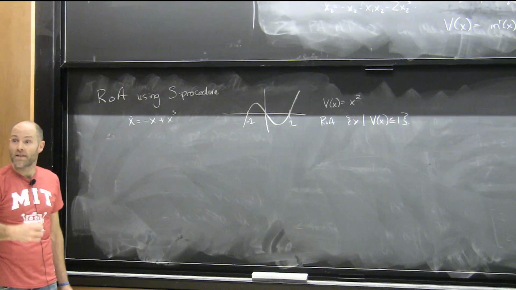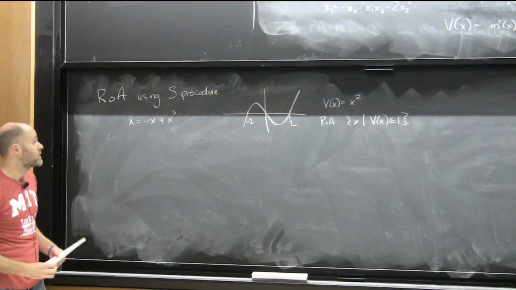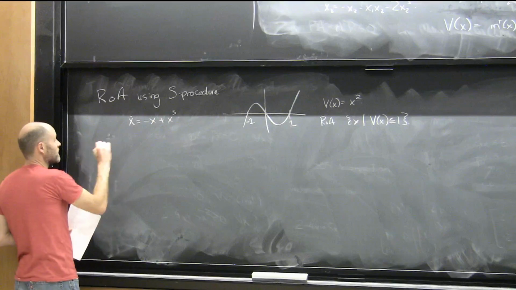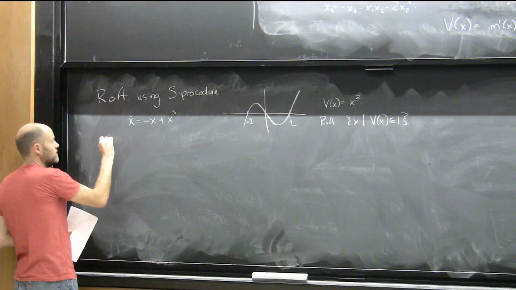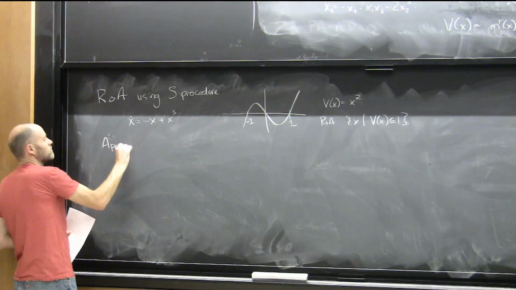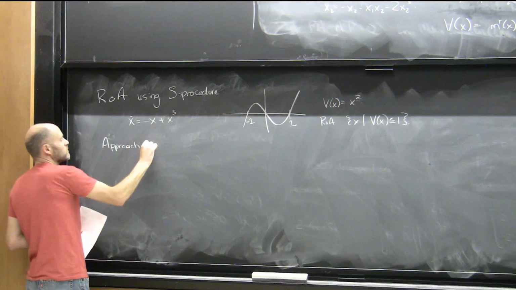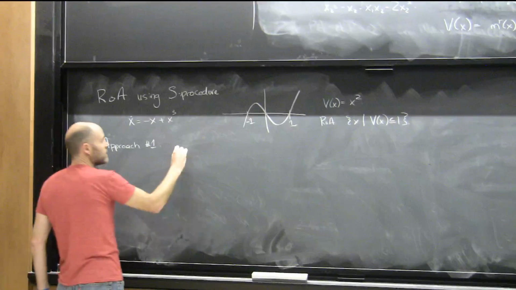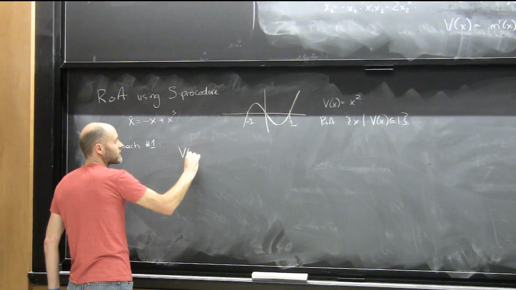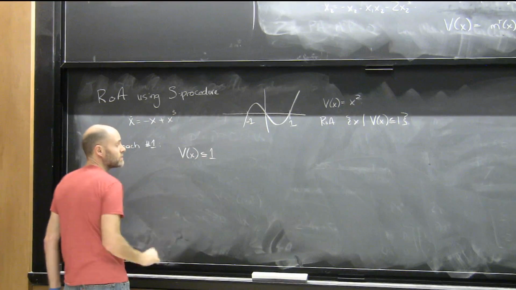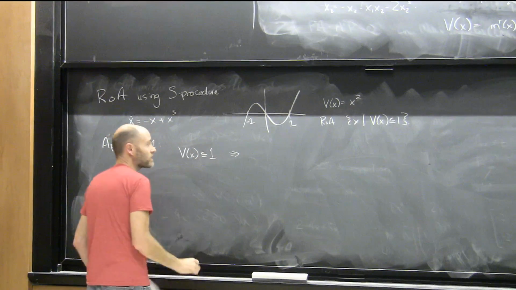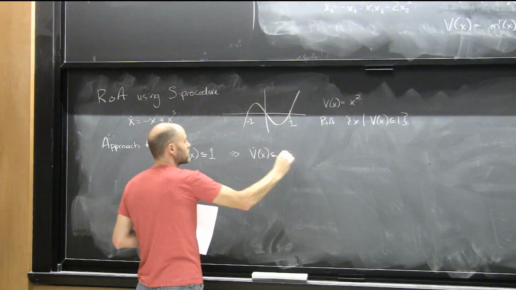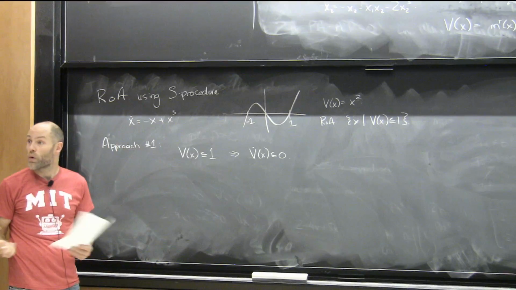If you want to certify that with sums of squares, this was x dot equals negative x squared, then I can say, here's approach number 1. I can say that for all v of x less than or equal to 1, that implies that v dot of x is less than or equal to 0. That would be one way to write this.